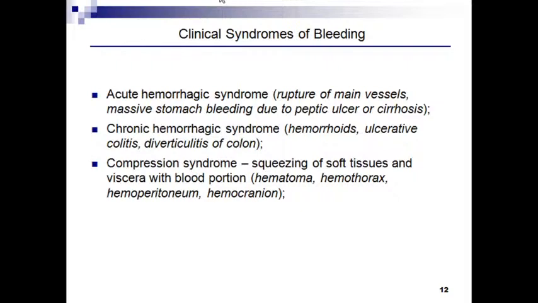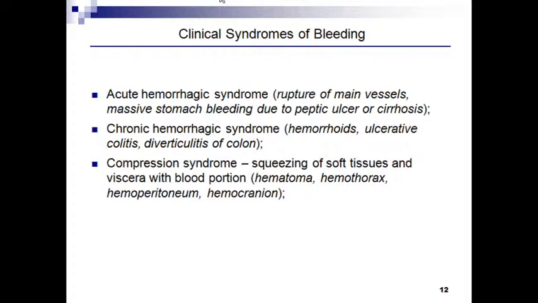There are 3 clinical syndromes. First syndrome, acute hemorrhagic syndrome, because of rupture of main vessels, massive bleeding, and loss of a lot of blood very fast. Chronic hemorrhagic syndrome is due to gradual loss of blood by minor portions.